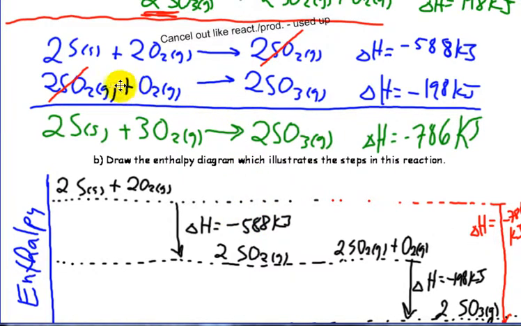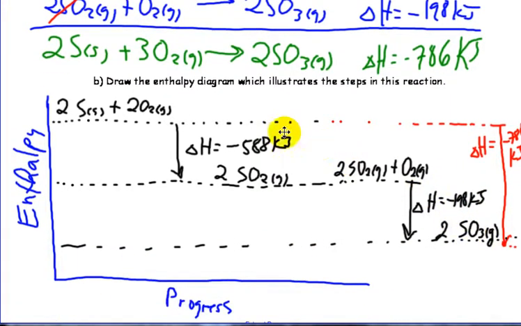Then from there, the 2SO2 combines with an oxygen to make 2SO3 and involves the release of 198. So we can see those 2 separate scenarios yield the overall reaction of negative 786.